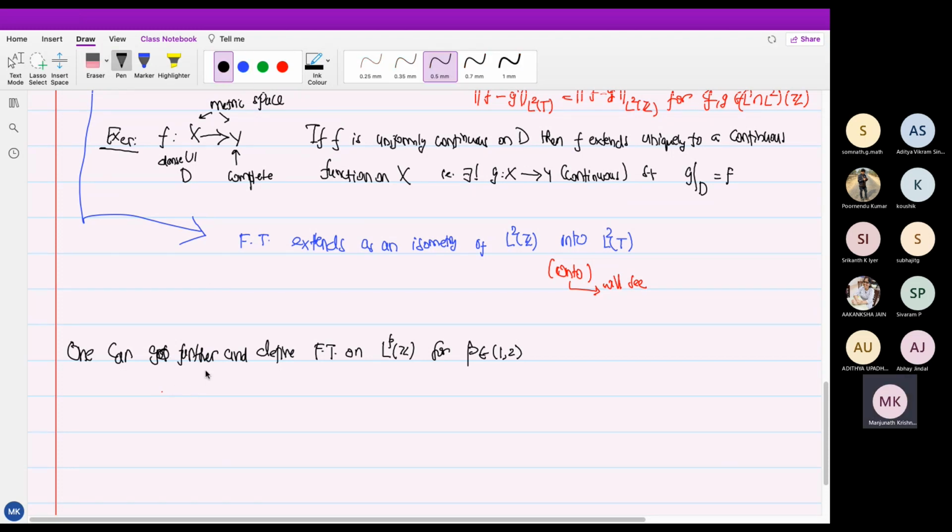This is because the Fourier transform we have seen is mapping L1 of Z to L infinity of T, and I'll write the operator norm of the Fourier transform of f as less than or equal to 1.